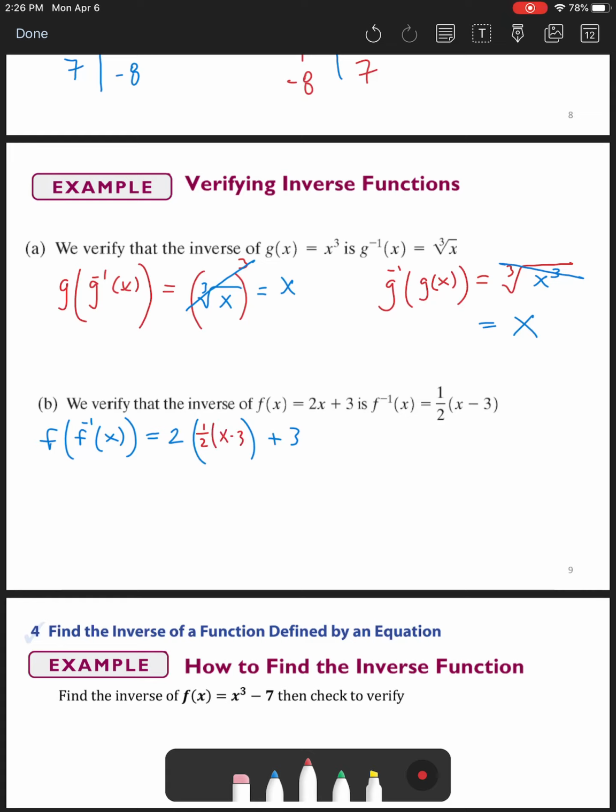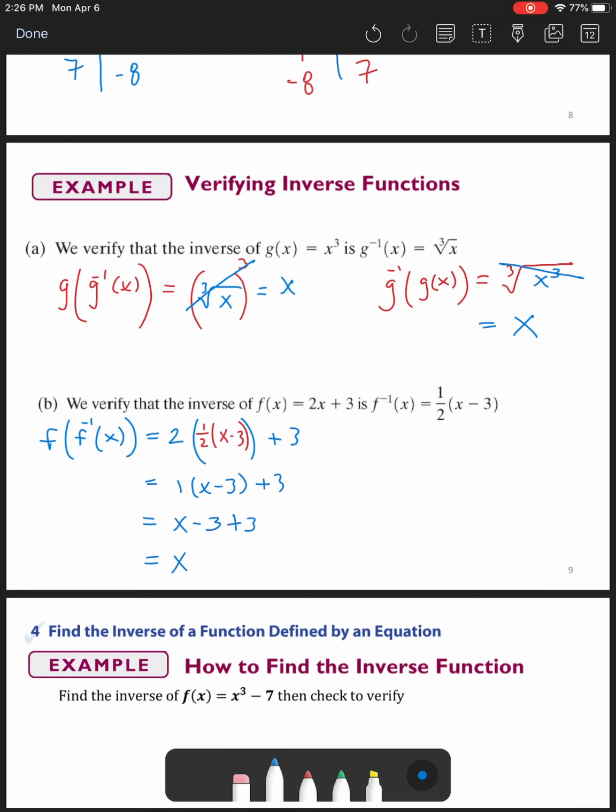That's 1/2 times x minus 3, plus 3. Two times 1/2 leaves us with 1 times x minus 3, equals x minus 3 plus 3, and you have x.